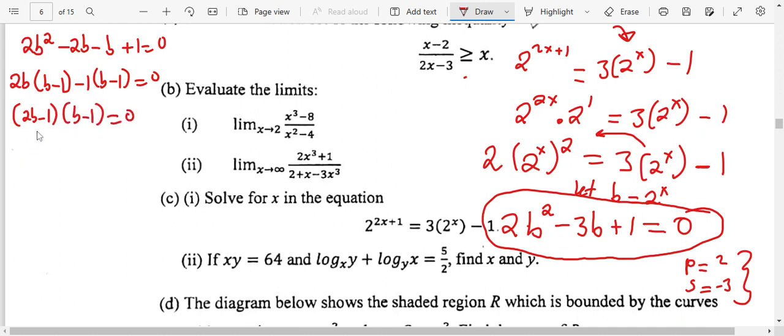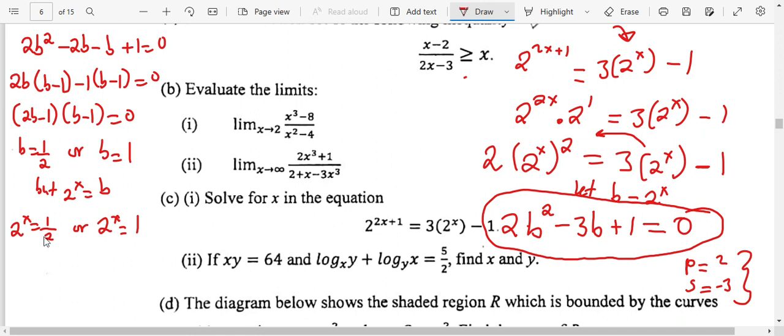So if I equate this to 0, I'm going to find that b is equal to 1 over 2. Or if I equate the other one to 0, I'm going to find that b is equal to 1. But remember, 2 to the power x is equal to b, meaning that 2 to the power x is equal to 1 over 2, or 2 to the power x is equal to 1.